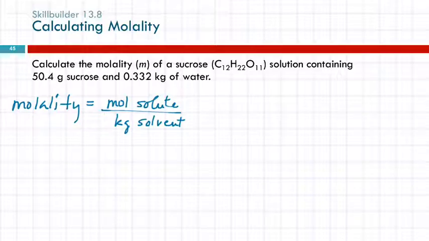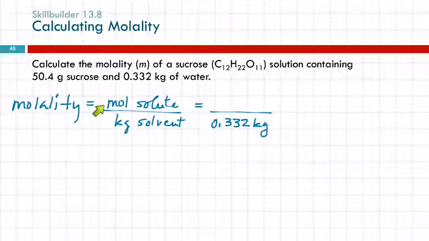So we need the moles of solute, sucrose, and we need kilograms of solvent, water. Well, this problem is making it easy on us. It's giving us the mass of water in kilograms. So we can just write that in, 0.332 kilograms of water.